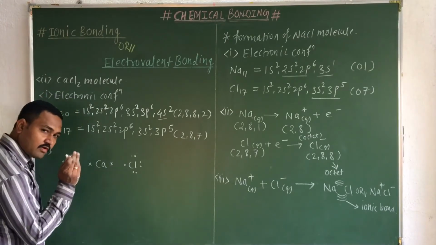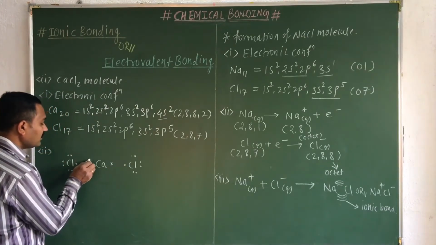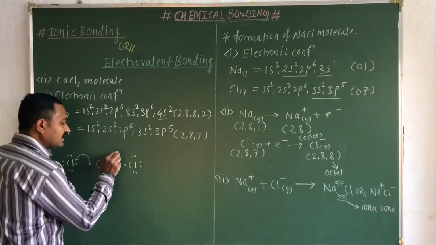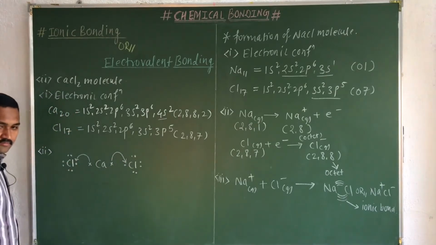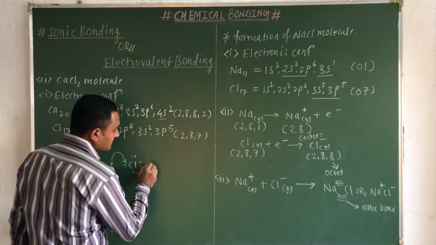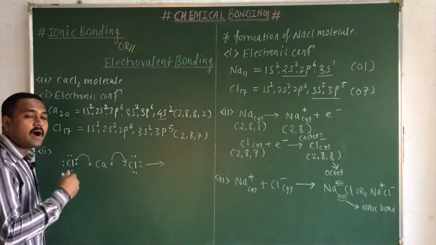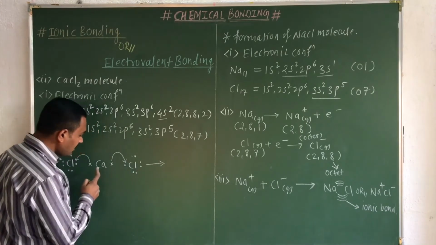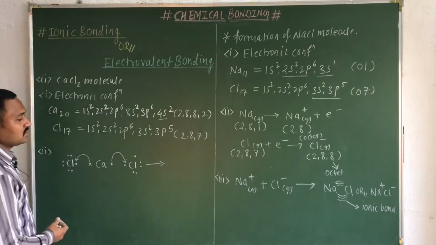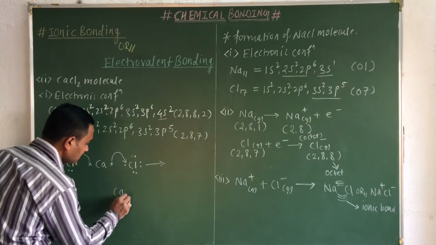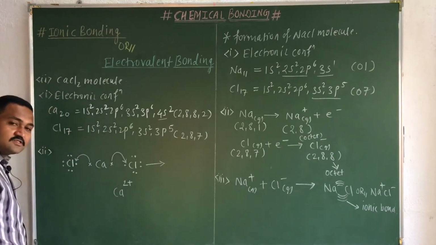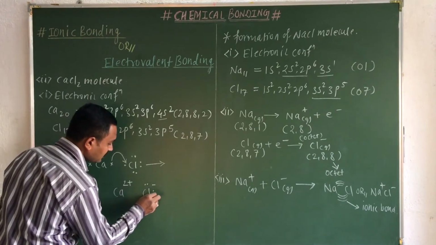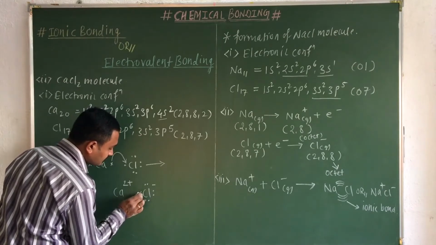So what happens here, calcium will lose 1 electron to one chlorine atom and another electron to the other chlorine atom. So obviously ions will form, as this chlorine accepts 1 electron, this chlorine also accepts 1 electron, while the calcium loses its 2 electrons. So calcium will have a 2 plus charge, as it loses 2 electrons, while each chlorine has a minus 1 charge, as it accepts an electron.